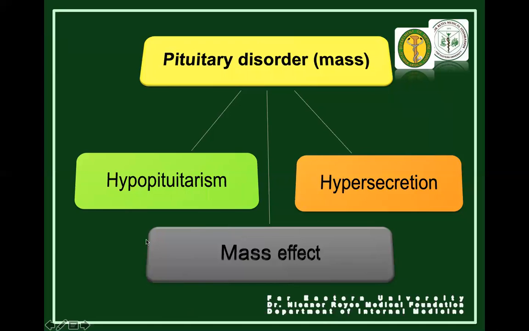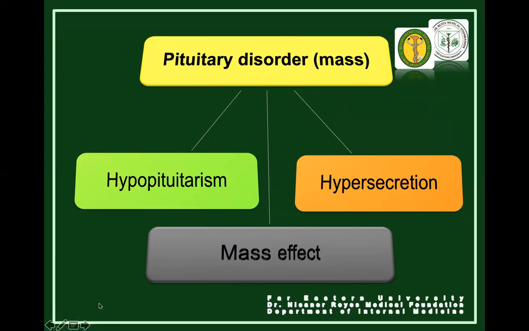This is what we call the mass effect. Also, because of the mass, am I encountering a hypersecretion of the hormone, or is there a hyposecretion of the hormone? Remember, there are several hormones. One can be hypersecreting, the other ones can be suppressed.